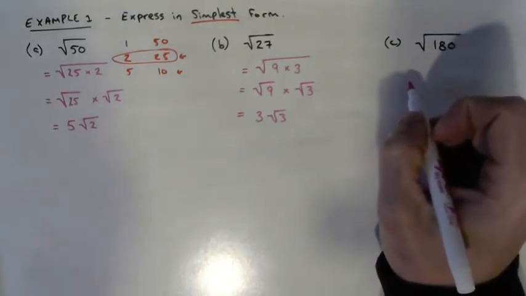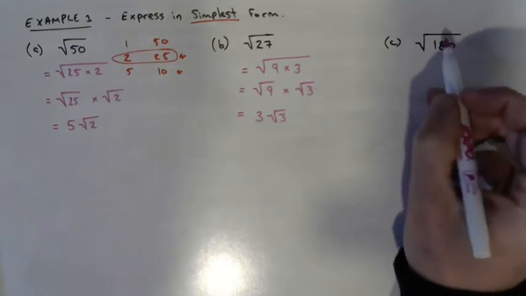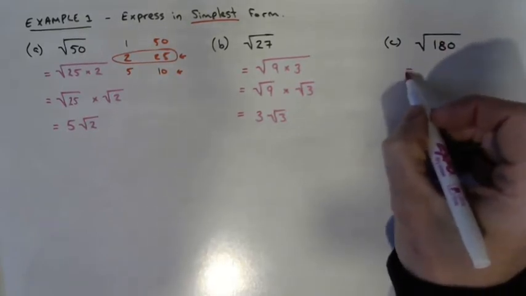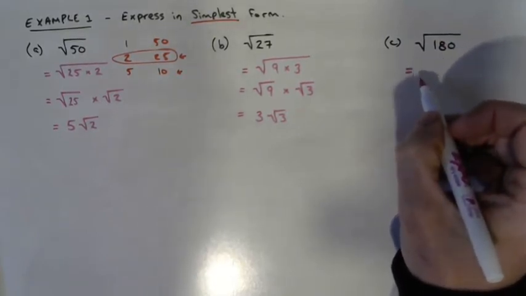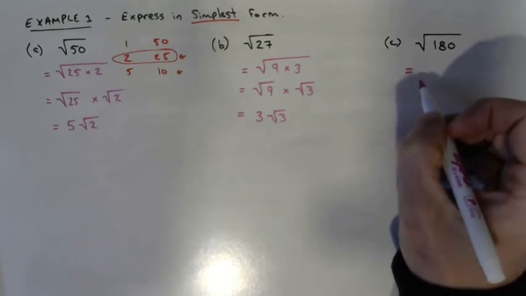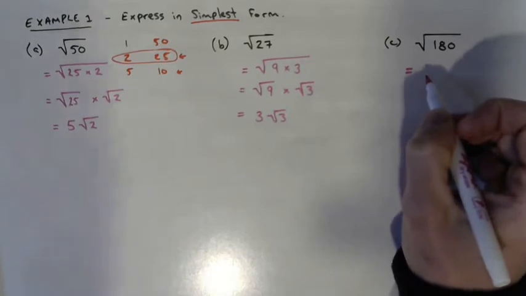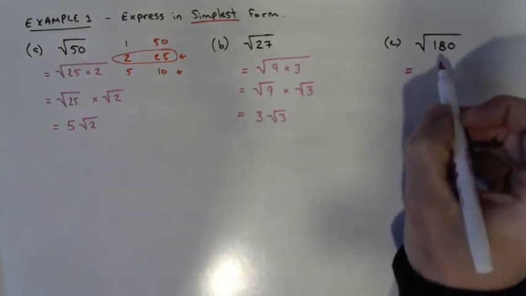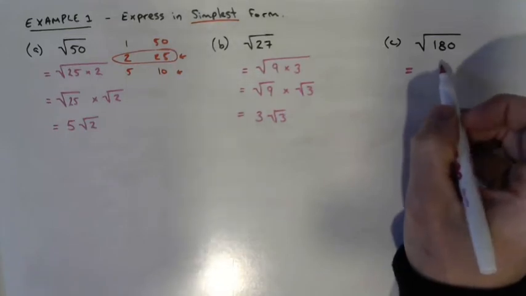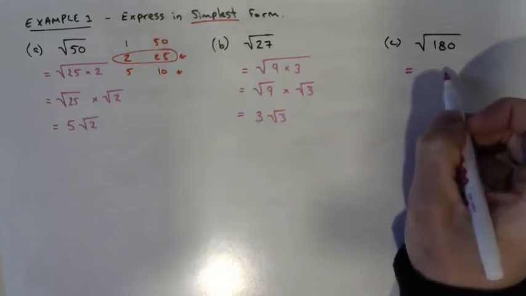Now, this one, you can do a couple different ways. But 180 is divisible by a couple of numbers. One of those numbers is the number 36. So what I would do is I'd just go into my factors. I'd say, okay, this is 1 times 180, or 2 times 90. That doesn't help.